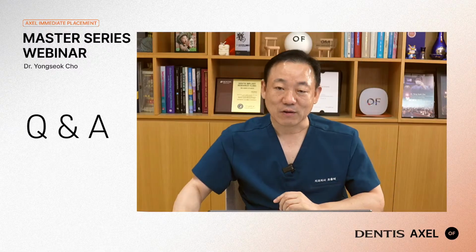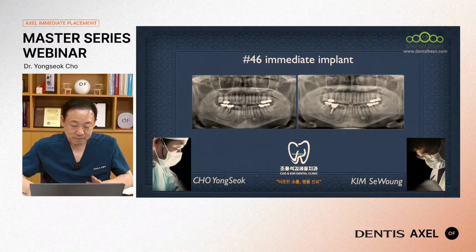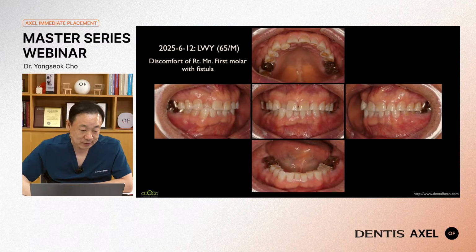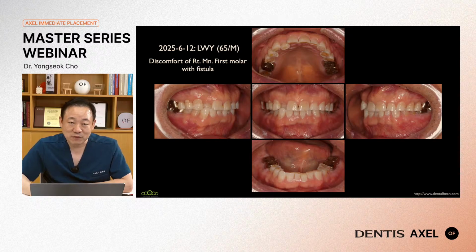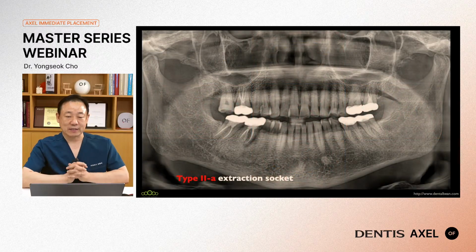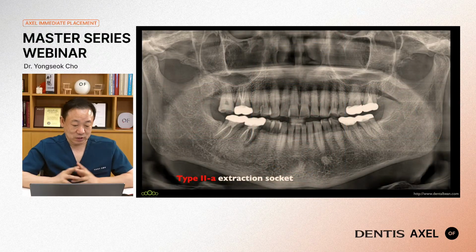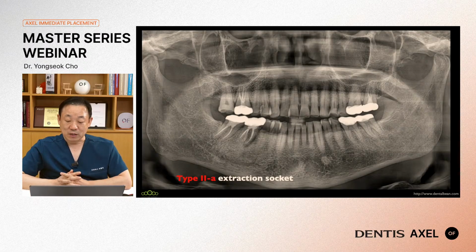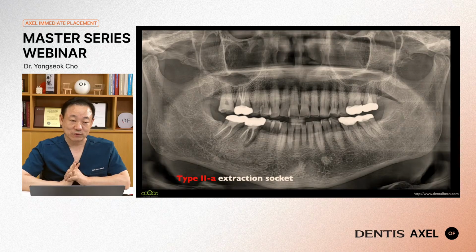Okay, I'll continue. Here is a 46 immediate implant case, because of discomfort of the first molar, which has a fistula. On this panoramic radiograph, tooth 46 had undergone root canal treatment and was restored with a crown.